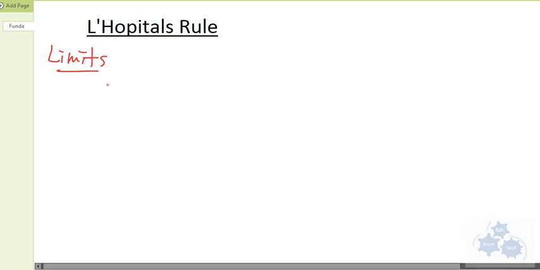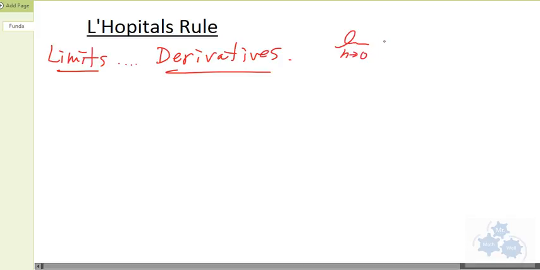We talked about limits, and then we worked from limits and talked about something called derivatives. As a matter of fact, the definition of a derivative involved limits, right? If you remember, the limit as h approaches 0 of f of a plus h minus f of a all over h was, this is formula 2, I think it was for you guys.